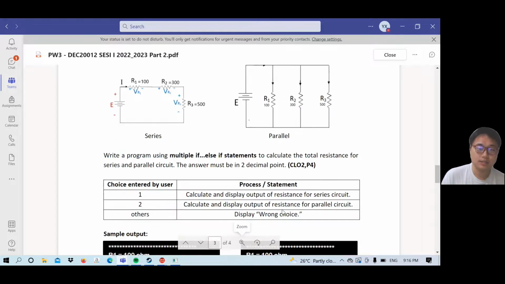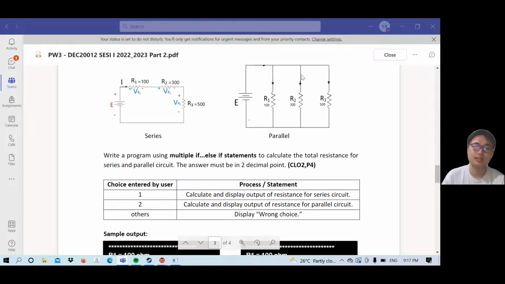Write a program using multiple else-if statements to calculate the total resistance of series and parallel circuit. The answer must be in 2 decimal points. Choice entered by user is 1 and 2.